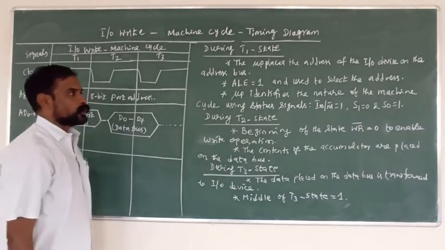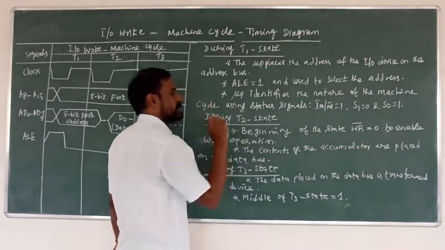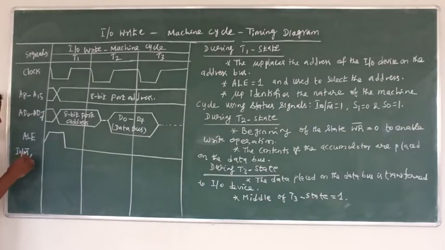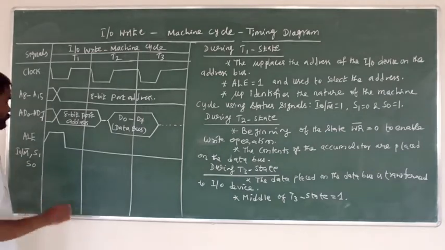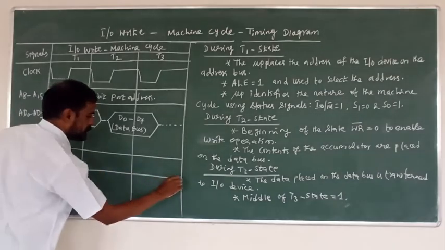Next, to identify the nature of the machine cycle by using the status signals. For that we can use IO/M bar, S1 and S0. For that we can use two lines, one line in the low state and one line in the high state.